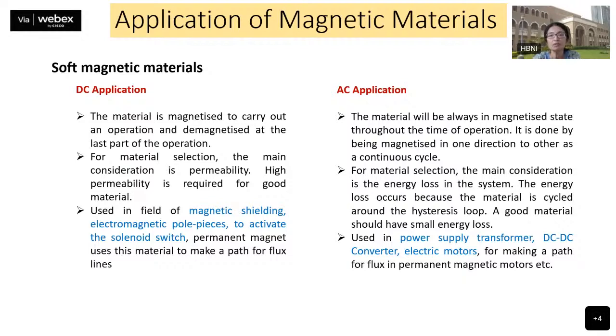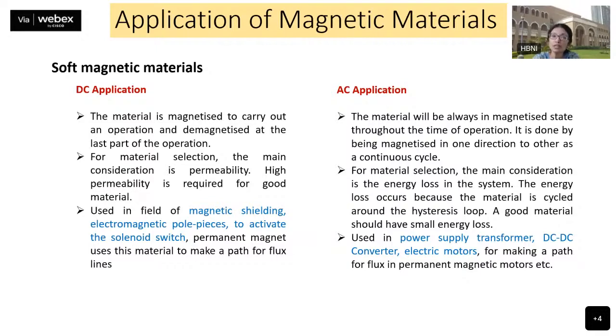High permeability will be required. This is generally used in magnetic shielding, in electromagnetic pole pieces, and to activate the solenoid switch. Permanent magnets use this material to make a path for flux lines. So these are the DC applications of soft magnetic materials.